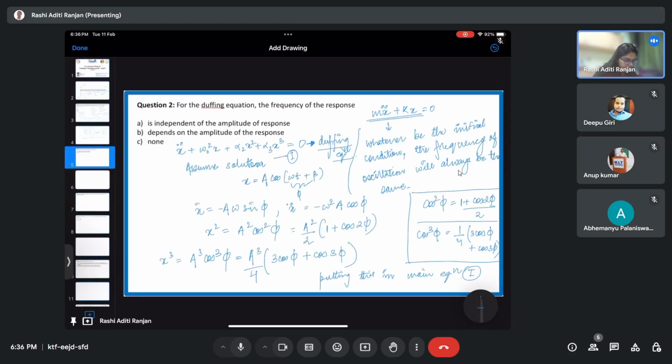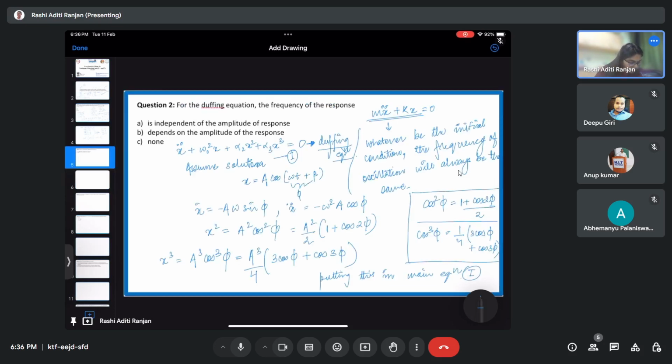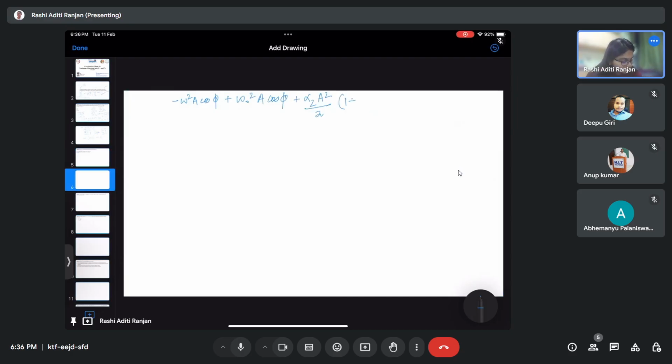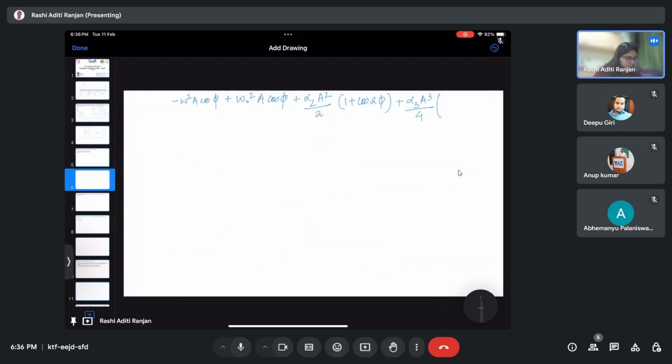Then I have alpha 2 x square, and x square is nothing but A square by 2 into 1 plus cos 2 phi. And then I have alpha 3 A cube by 4 into 3 cos phi plus cos 3 phi, equals 0.